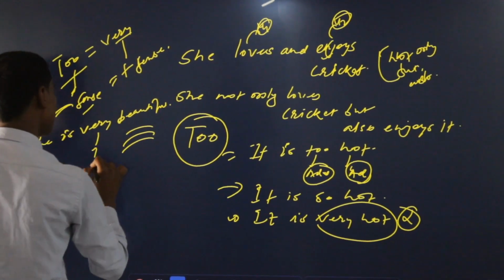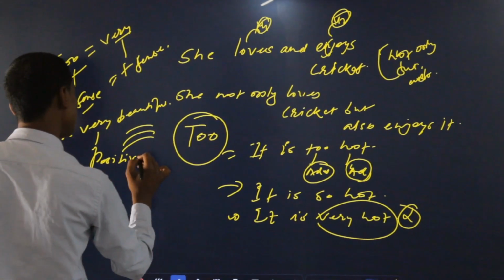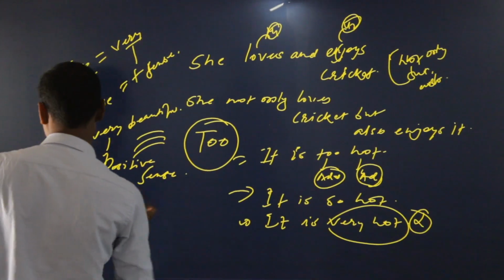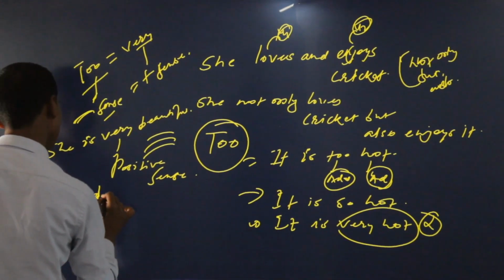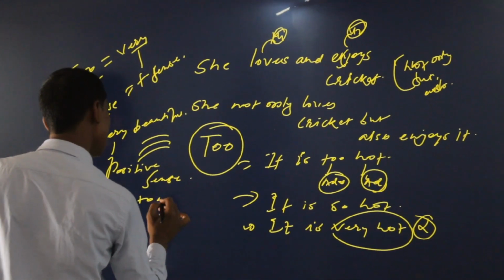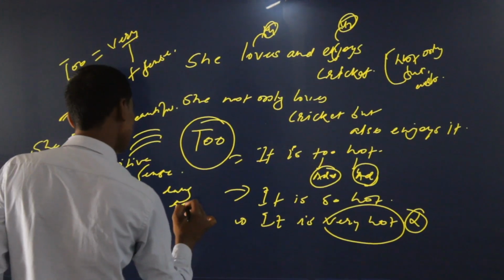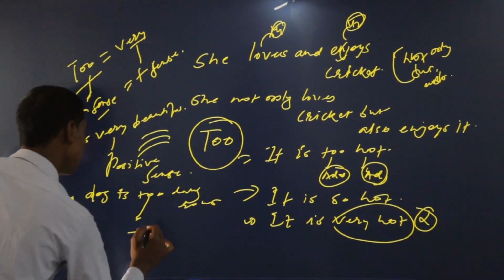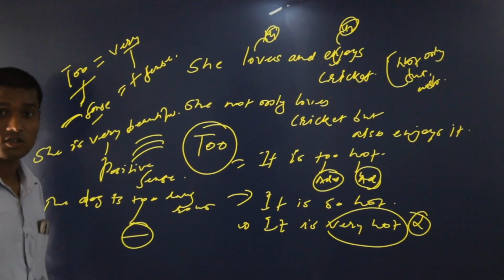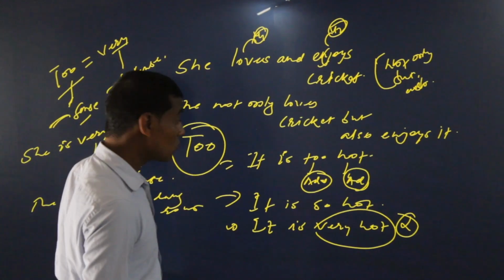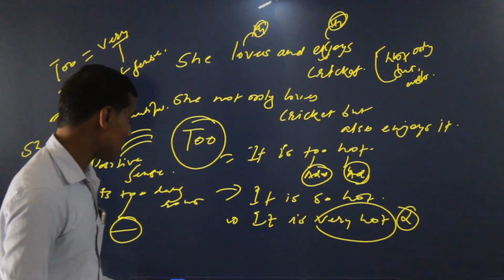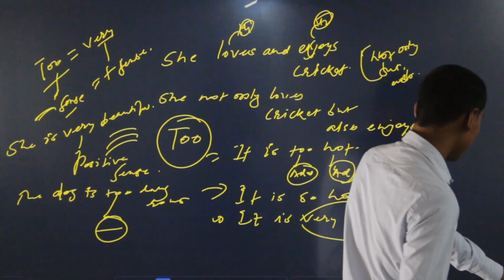Beautiful, it is for the positive sense. But when we write the dog is too dangerous, we simply mean that we have negative sense.